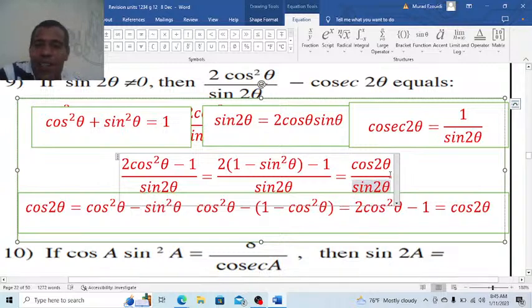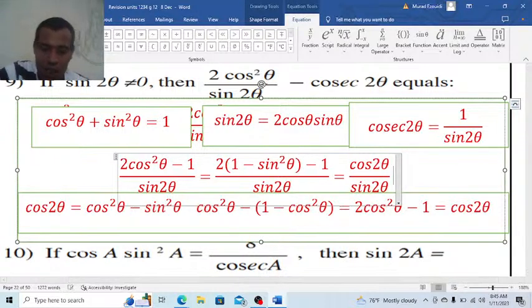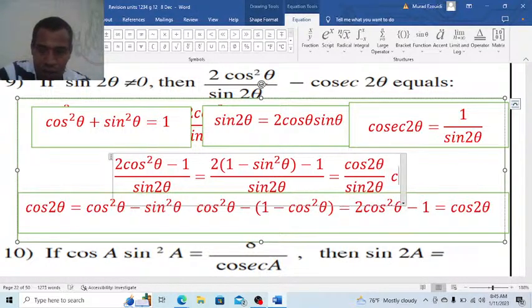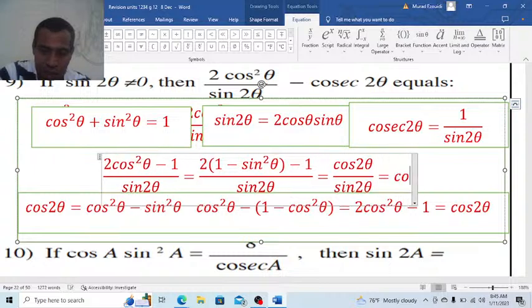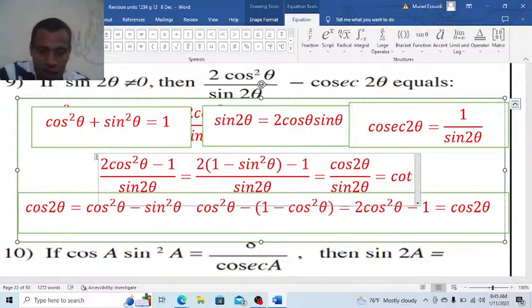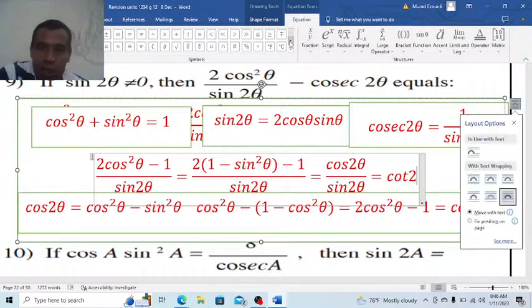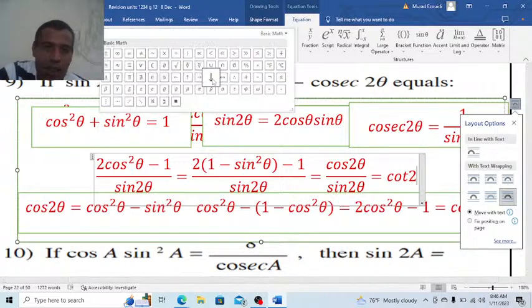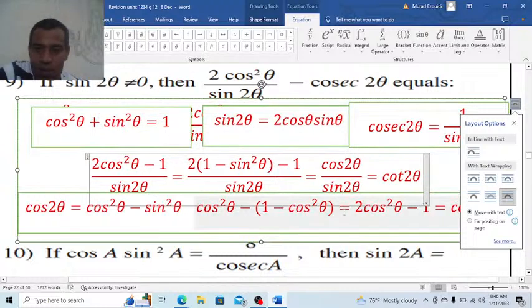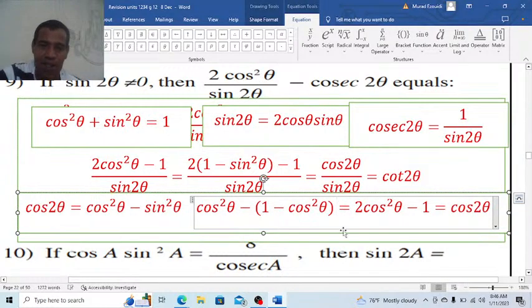This one is the reciprocal function of tangent, which is cotangent, so it equals cotangent of the angle 2 theta. Therefore, learners, now I solve the question.